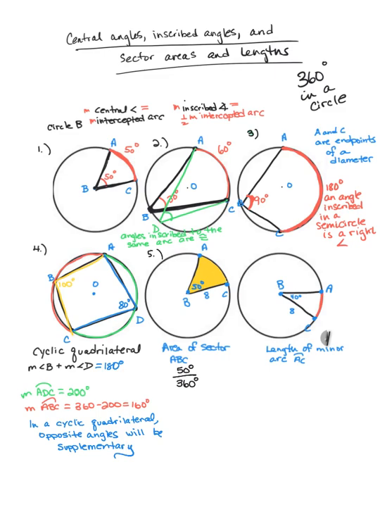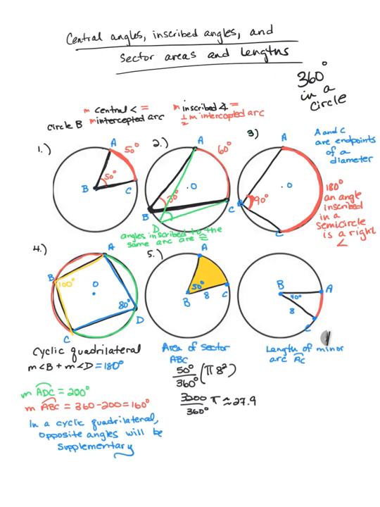Then you just take the area, pi r squared, pi times 8 squared. So then you would just type that into your calculator. So on my calculator, I typed in 50 times 64. I got 3,200. And then I typed in 3,200 divided by 360 times pi. So the area is approximately 27.9.